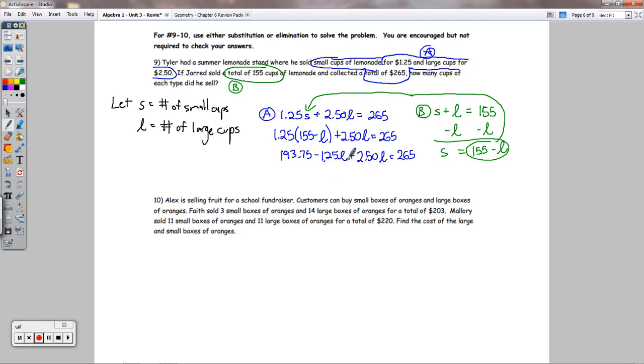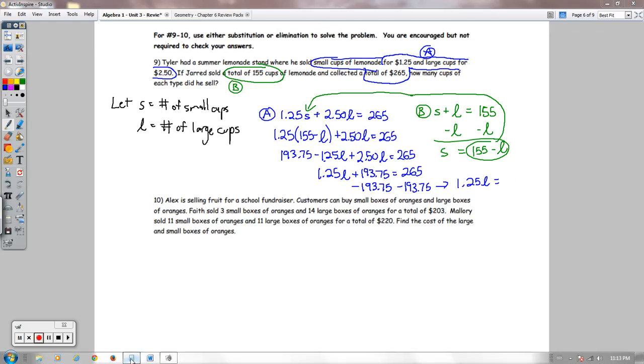You're going to have, looks like positive 1.25L if you put together negative 1.25 and 2.50. So that plus the 193.75 would equal 265. From there we could subtract 193.75, then leave us with this.